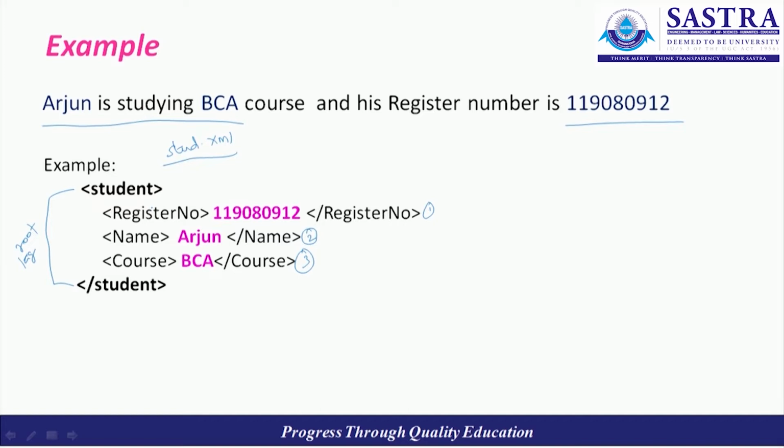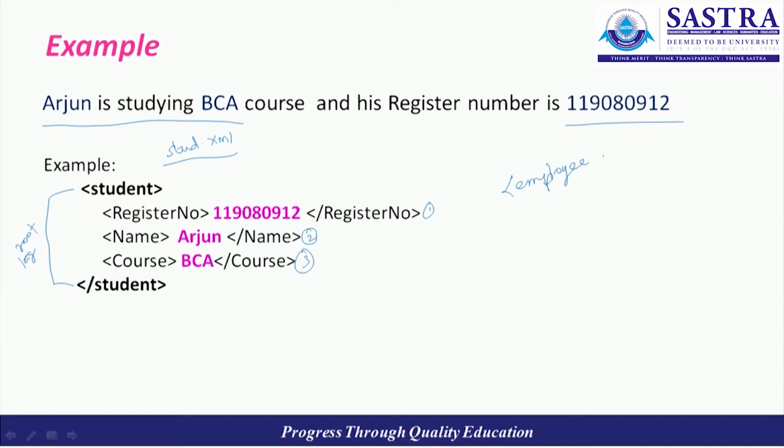Say for example, according to this statement, Arjun is studying the BCA course, so I consider Arjun as a student, so I have created student. Employee is working for a company as assistant manager, so it is very relevant.